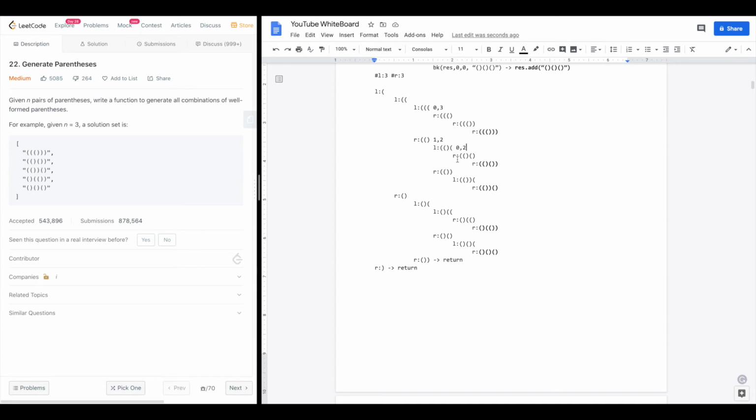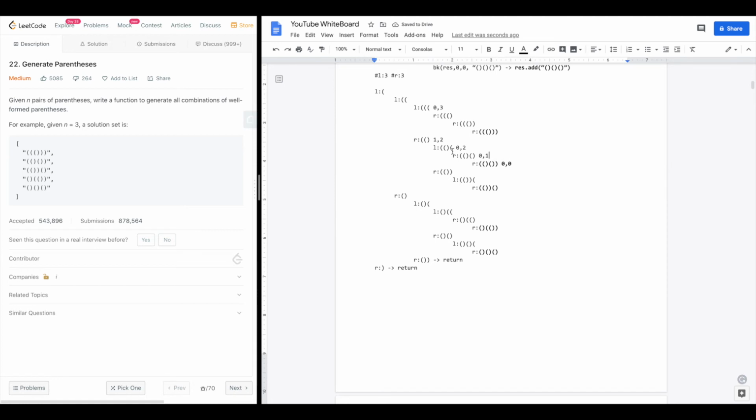We need to add the right for the next step in the backtracking. So here is 0, 1, and the last step we got 0, 0. Okay, so this is our second solution. We add it into our result list.